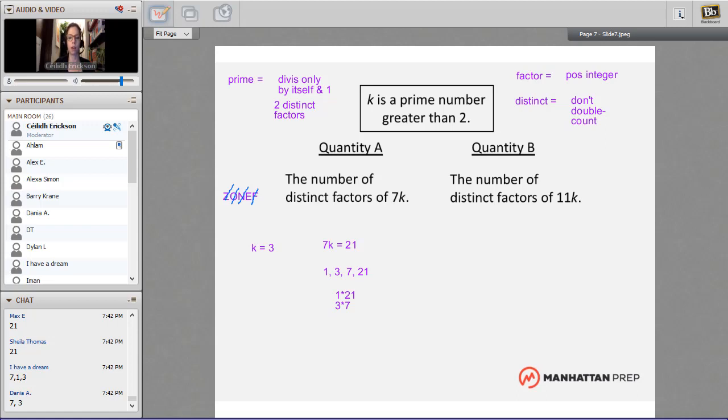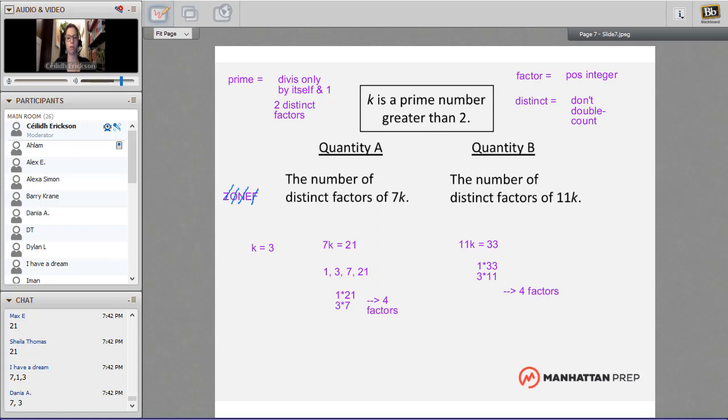In any case, we've got 4 distinct factors. When K equals 3, then 11K is 33. So our distinct factors: 1 times 33, 3 times 11. How many distinct factors? 4. So we got the same numbers here.